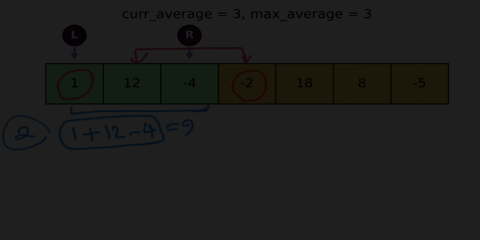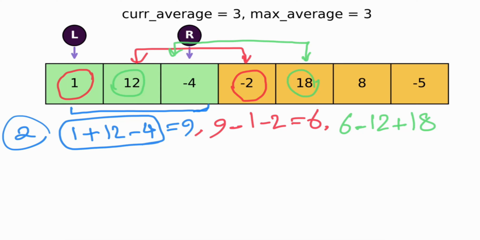So the summation of this window is 6. Then when we move our pointer to the next window, again we lose this number and we add this number. That is 6 minus 12 plus 18, which is 12.